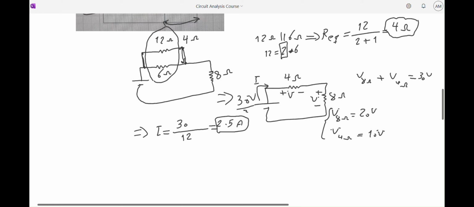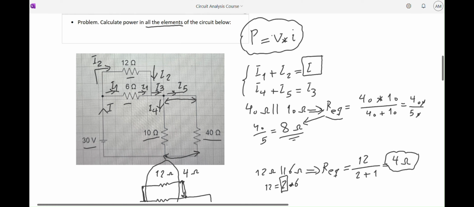Alright, I know that the main current flowing out of my source is 2.5 amp. Now let's have another look at the circuit. I know that the main current here is 2.5 amp. And this current has to be divided into I1 and I2 so that I1 plus I2 is again 2.5.